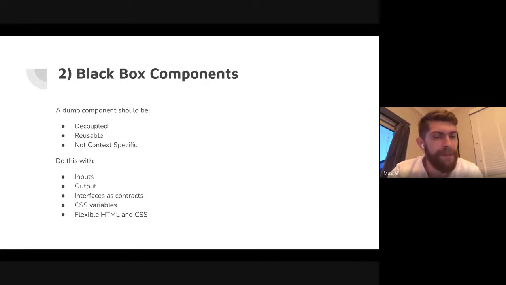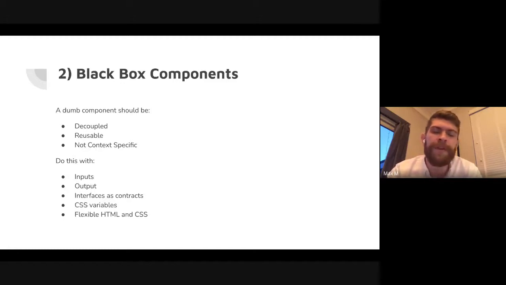So again, you would use inputs to take in data as opposed to services, and outputs to dispatch events. You should define interfaces as your public contract to your component if your component takes in complex data, and I'll show an example of that in a second.